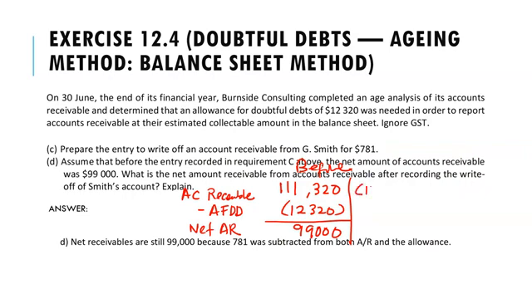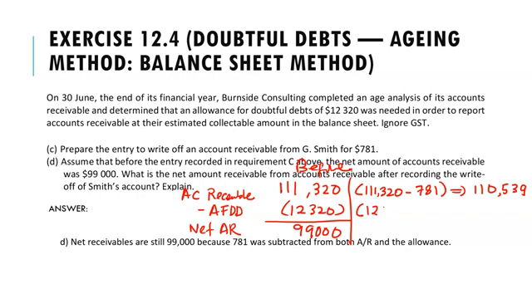It's going to be 111,320 minus 781. The new balance will be 110,539.